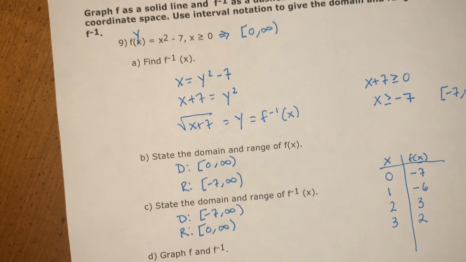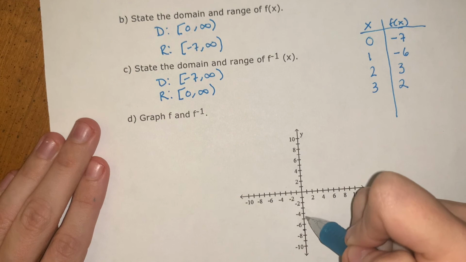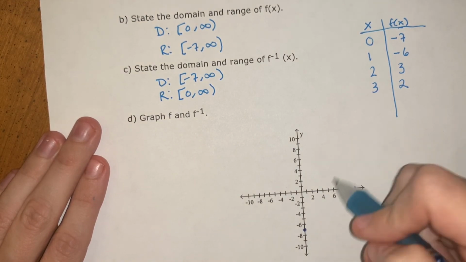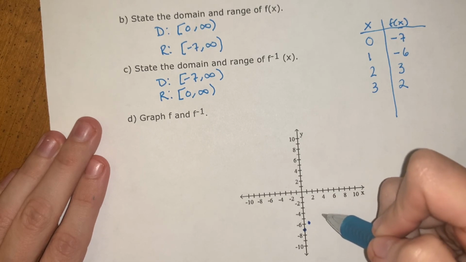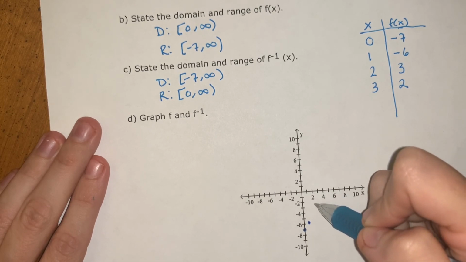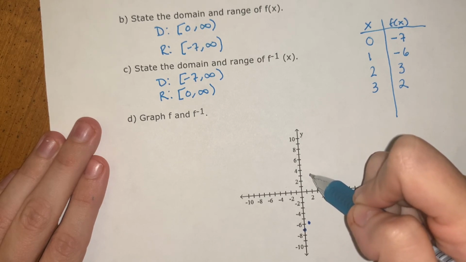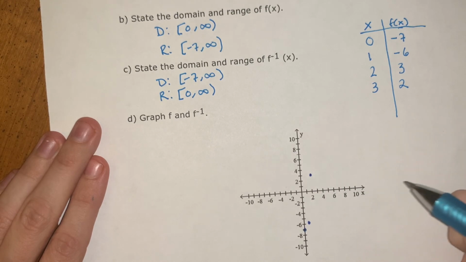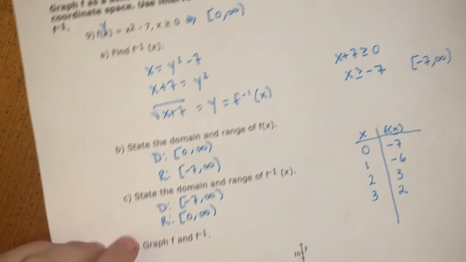So here's 0. Here's negative 7 down here. Oh, here's 0, negative 7 right there. Here's 1, negative 6, so we're doing that. Then 2 and 3.